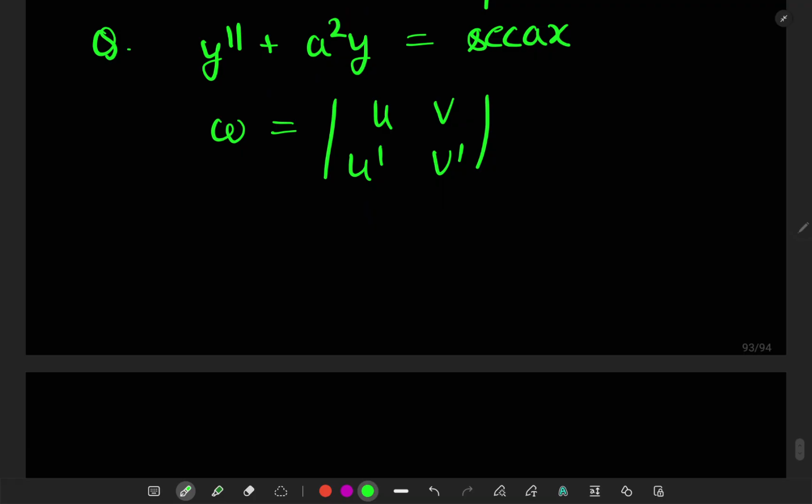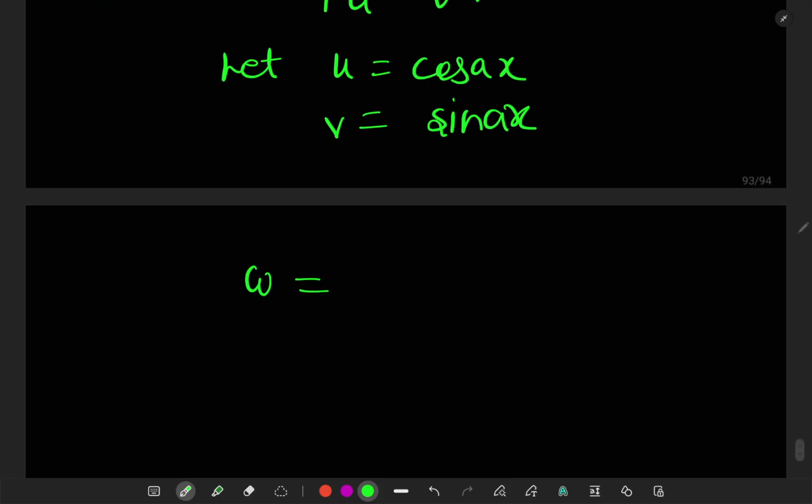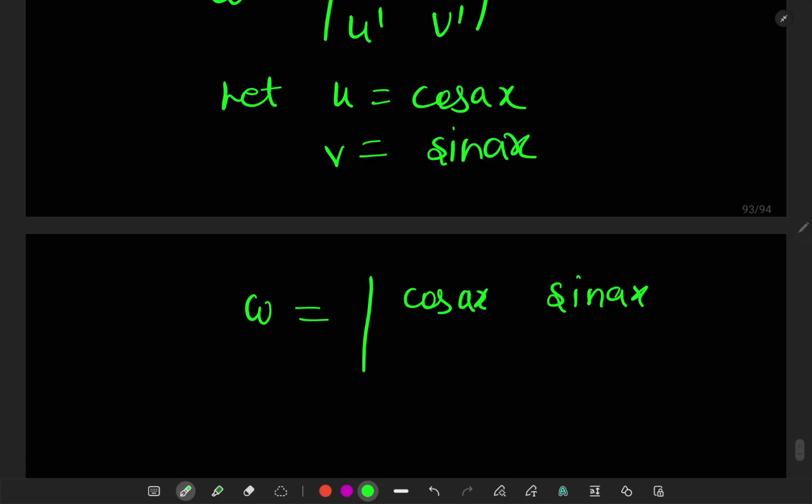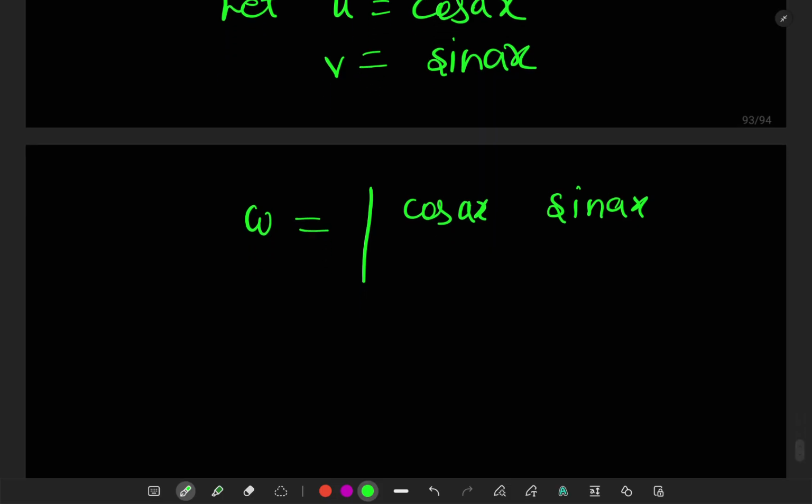In this method we need to let U is equal to cos ax and V is equal to sin ax, which are the integrals for the corresponding homogeneous equation. So we can write W is equal to cos ax, sin ax, and U dash is the differentiation of U and V dash is the differentiation of V.